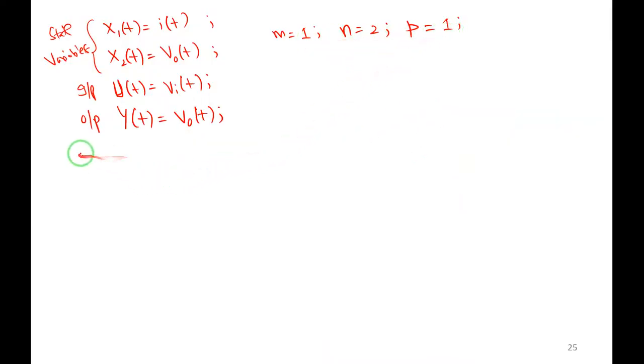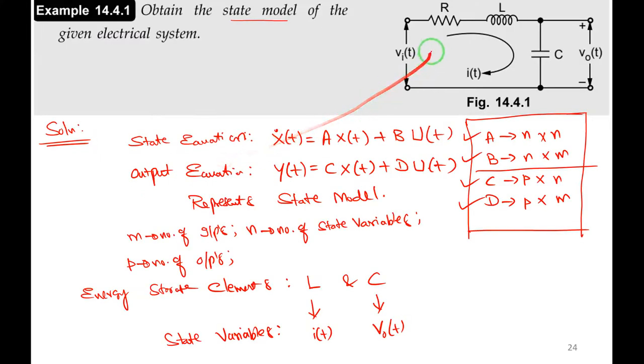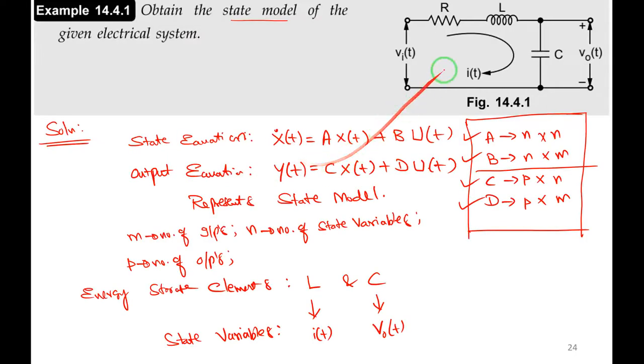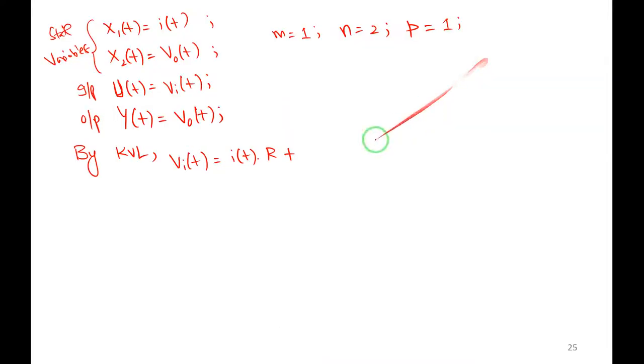Next, we will write Kirchhoff's voltage law, KVL. By KVL, we will write the state equation. So vi(t) is equal to i(t) into R plus L into di(t)/dt.